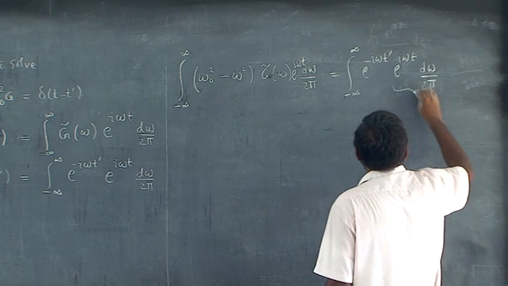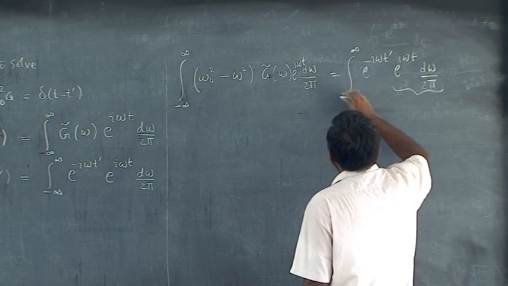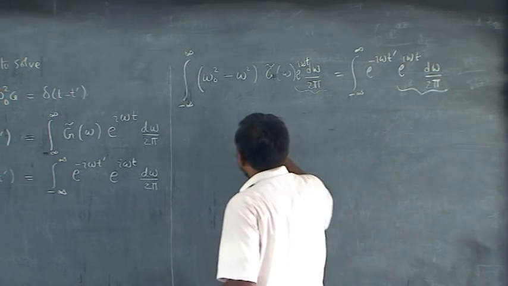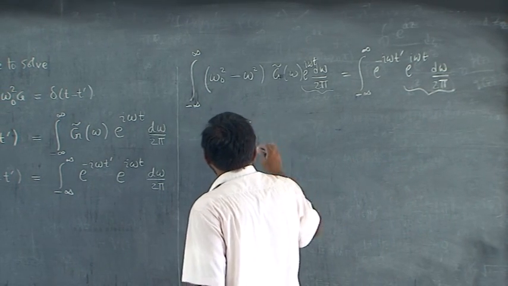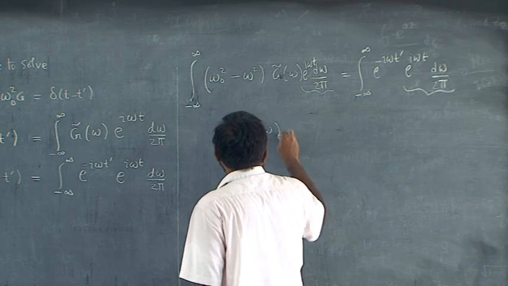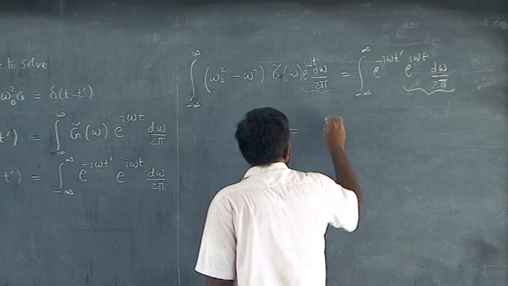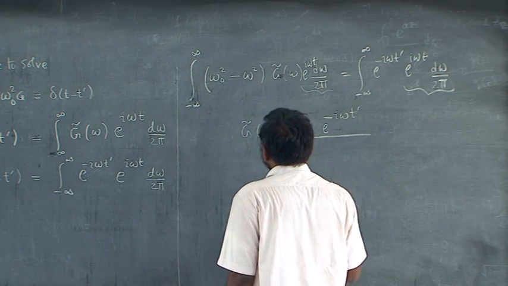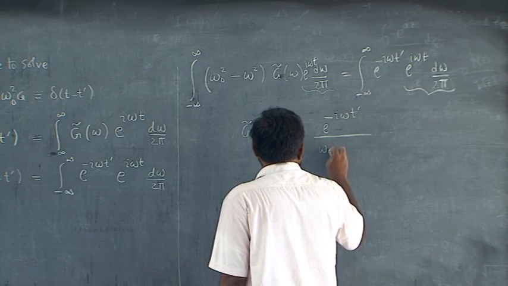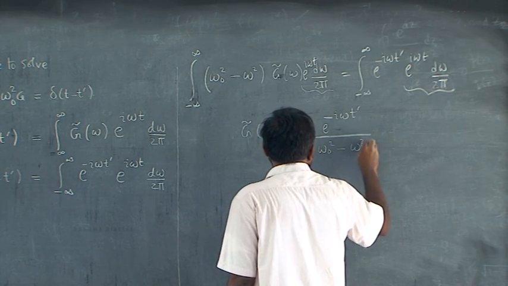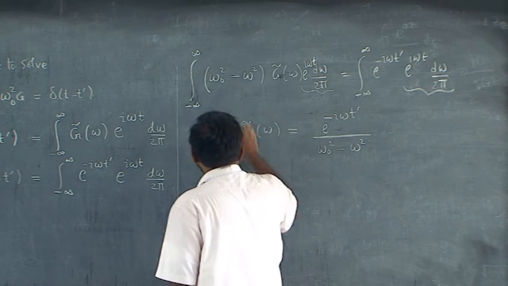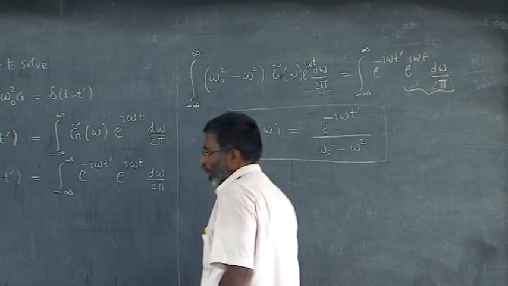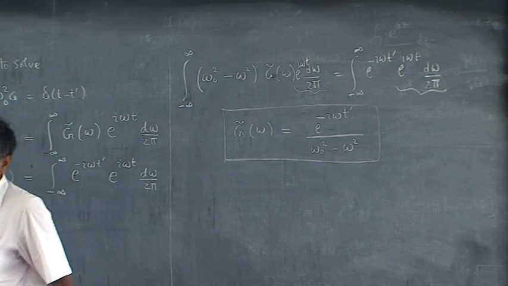So you can see this factor and this factor are there on both sides of the integral. If you equate the integrands, you can immediately see that g tilde of omega is equal to e to the minus i omega t prime divided by omega naught square minus omega square.